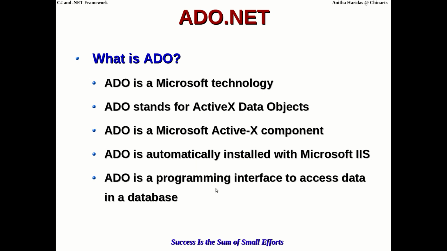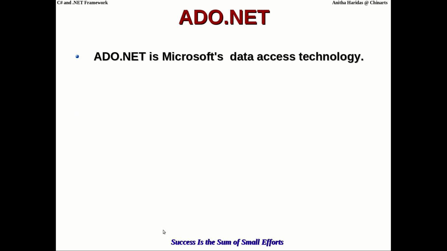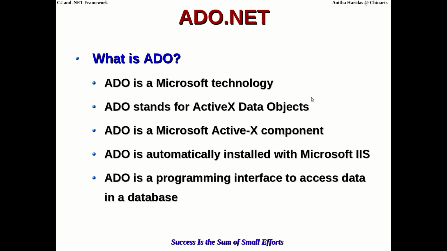It is an application programming interface to access data in a database. Not only that, ADO.NET is Microsoft's data access technology. So here we have seen what is ActiveX Data Object, which is nothing but an ActiveX component developed by Microsoft, and it can also be used with any web application, and it is purely an application programming interface.